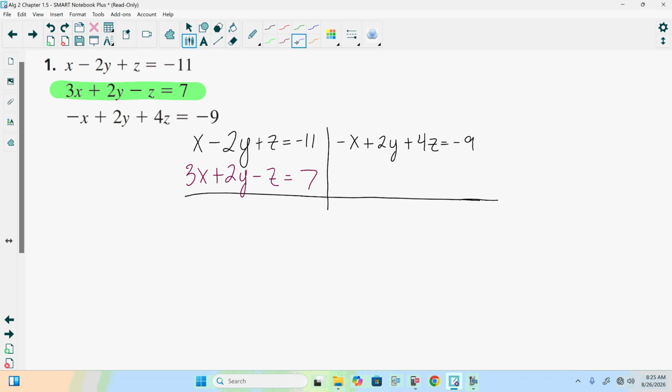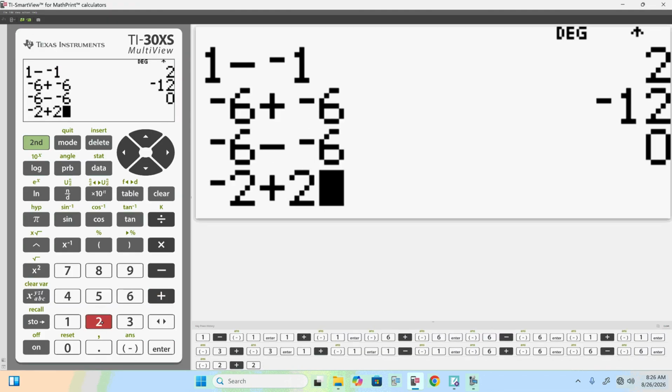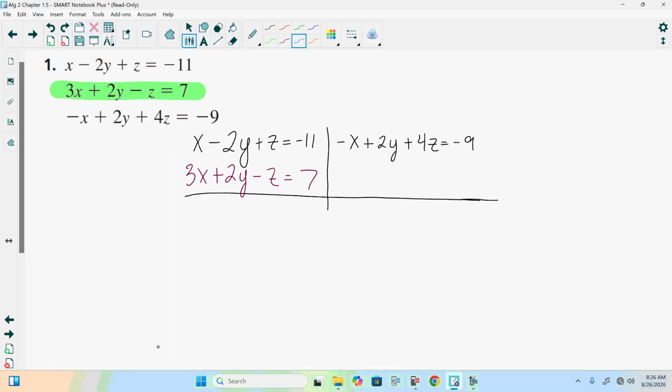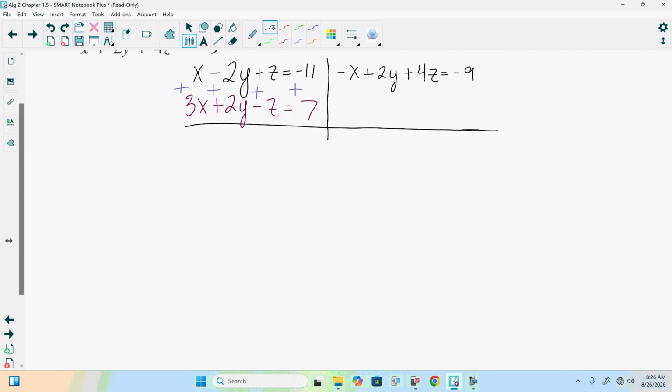Well, -2 plus 2 is 0. If we did -2 minus 2, we would have gotten -4. Since the signs are opposite, we're going to add. X plus 3x is 4x.